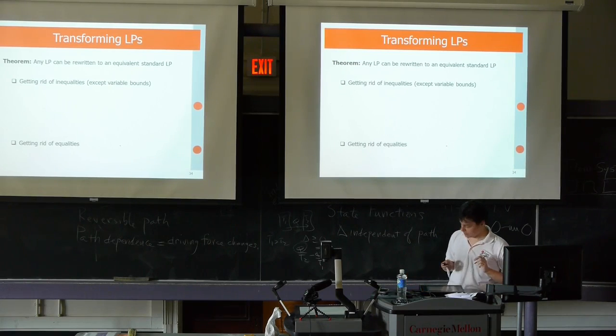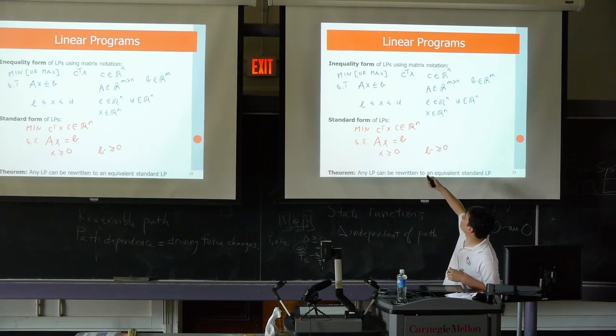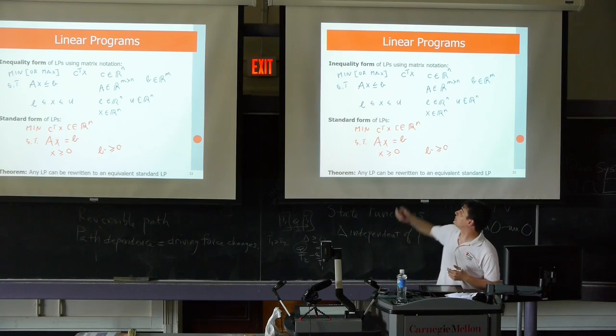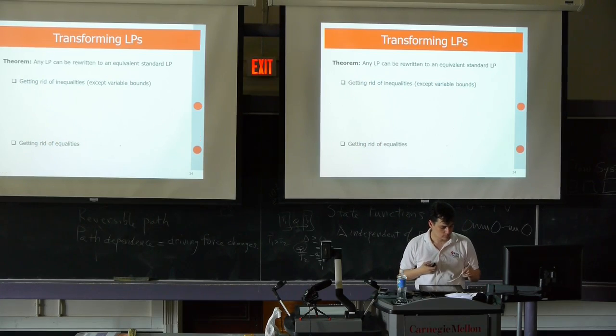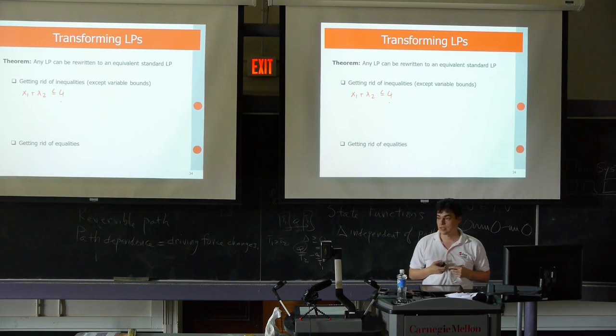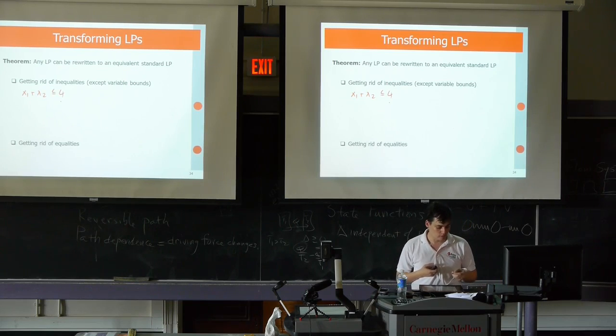So remember, this is the inequality form. How can we get rid of the inequalities? For example, if I have x1 plus x2 not bigger than 4, then I can rewrite this using slack variables: x1 plus x2 plus x3 is 4, where I have this other constraint that x3 is non-negative.